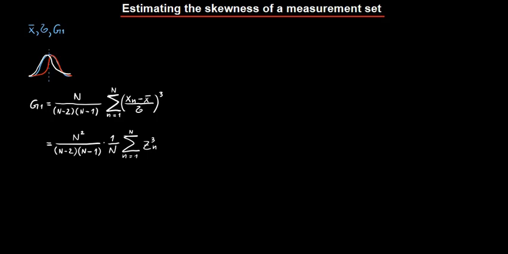Here, z sub n is the z-score of our nth measurement and is defined as the nth measurement minus the average value over the standard deviation. The z-score is simple to interpret. It tells us how far a measurement is from the average in terms of standard deviations. This becomes evident by writing x sub n minus the average equals z sub n times the standard deviation.